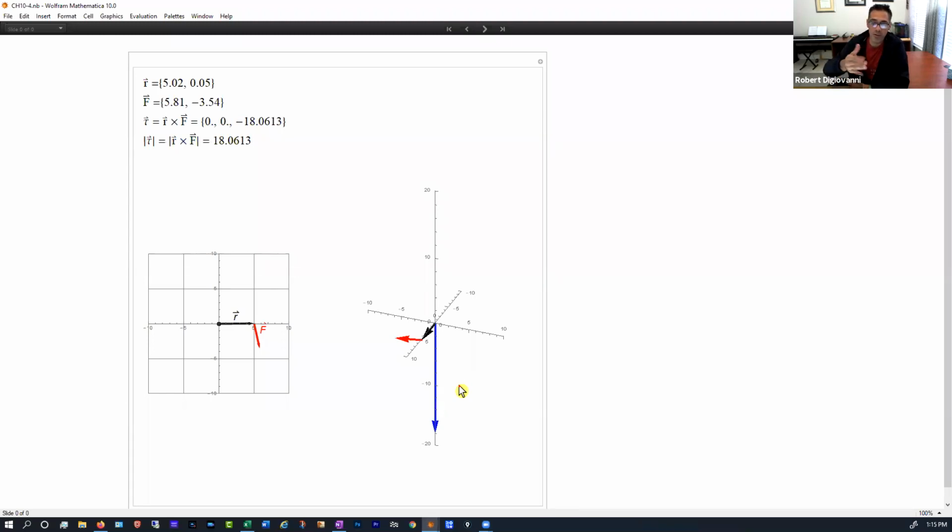So with the right-hand rule, your right hand, if you take these two vectors, let's say we have the R vector here, and let's say the F vector is like this.